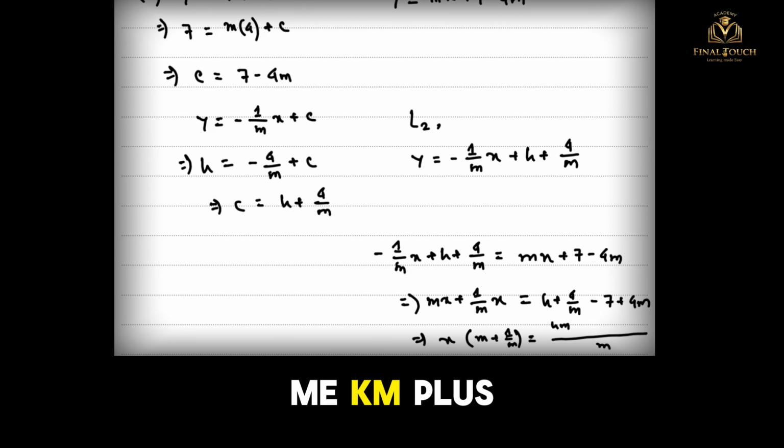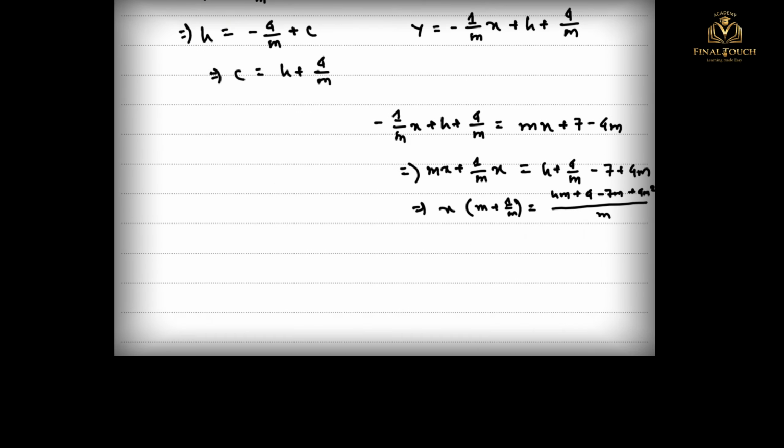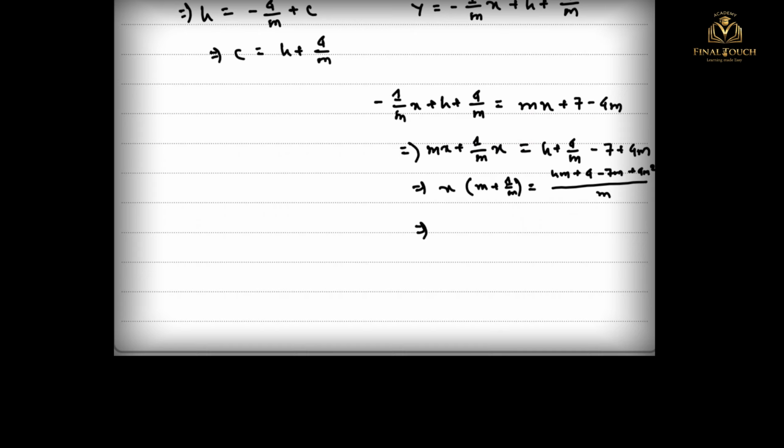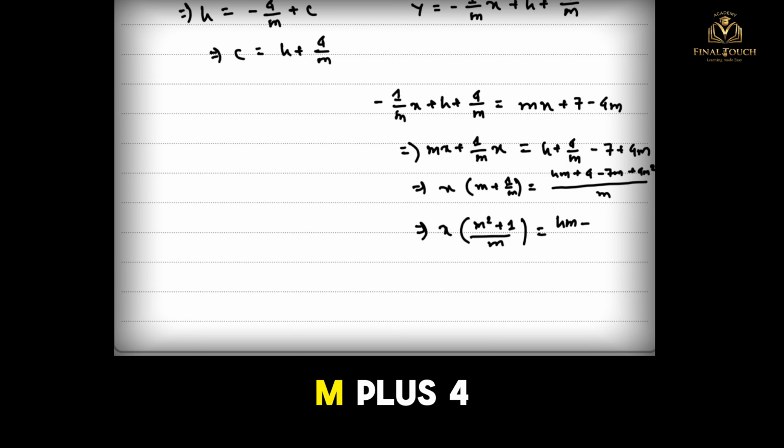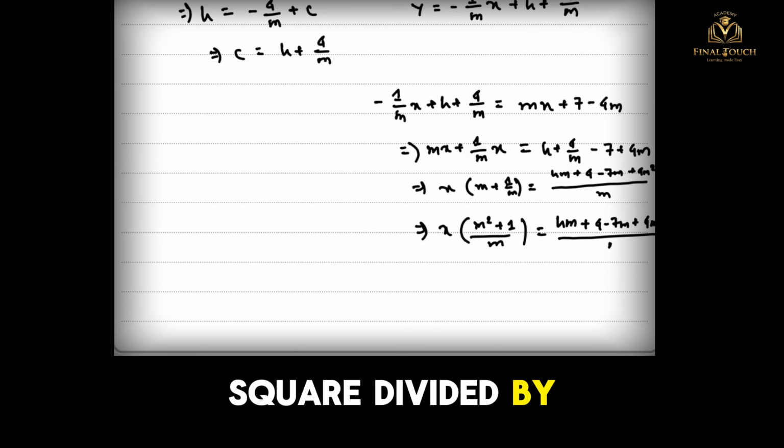That would give me km plus 4 minus 7m plus 4m square. We can carry out an LCM here as well: m square plus 1 by m. That gives me equals to km plus 4 minus 7m plus 4m square divided by m.